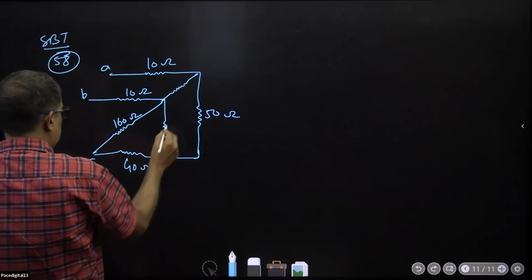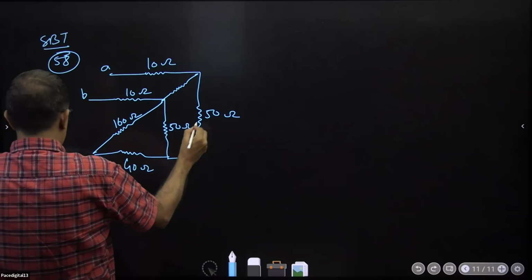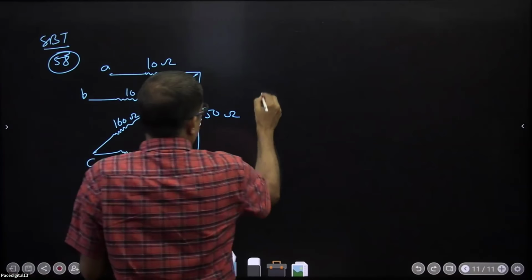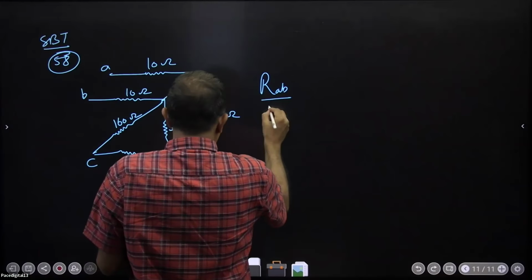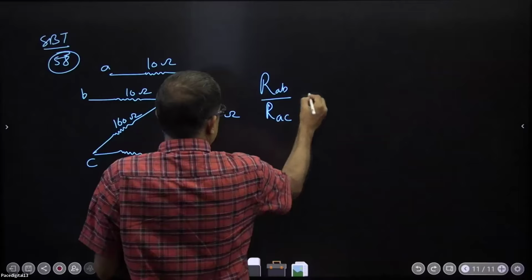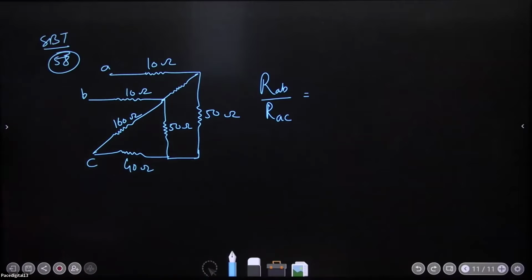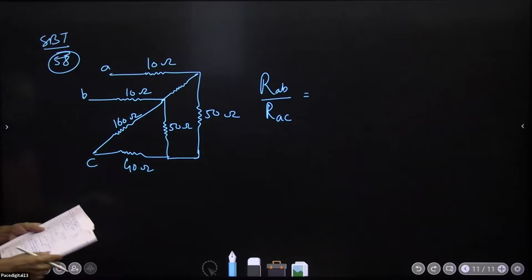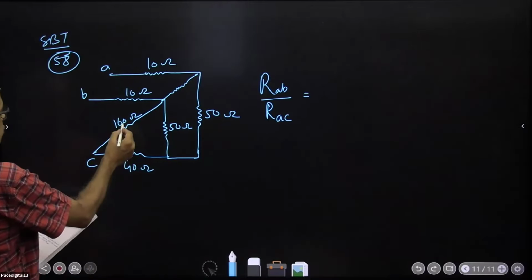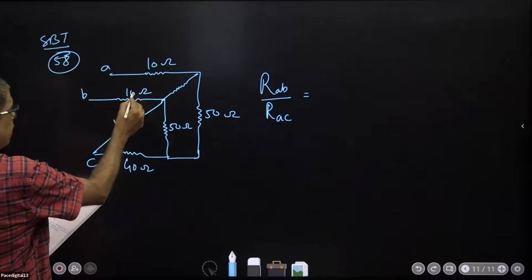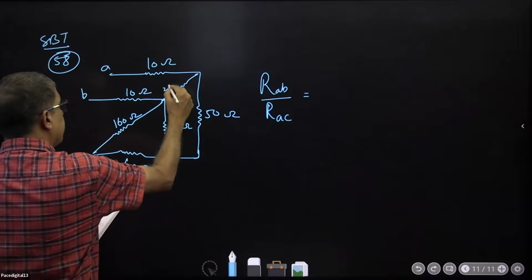A, B, C. This is 50 ohms. They asked you RAB upon RAC. That middle one. 160, 10, this one, 200 ohms.